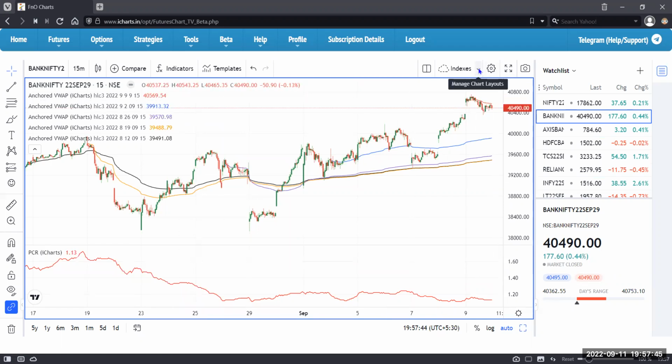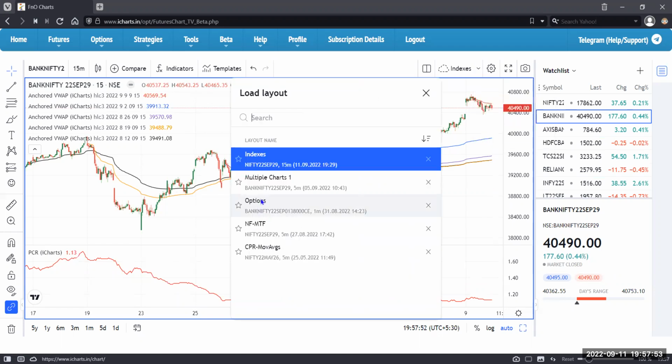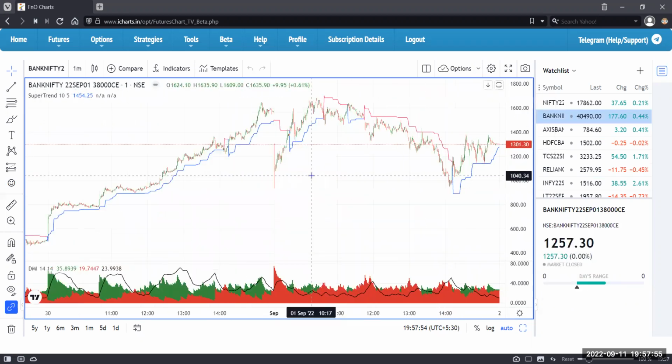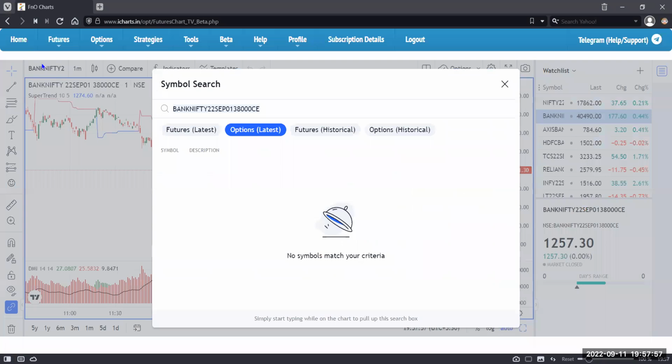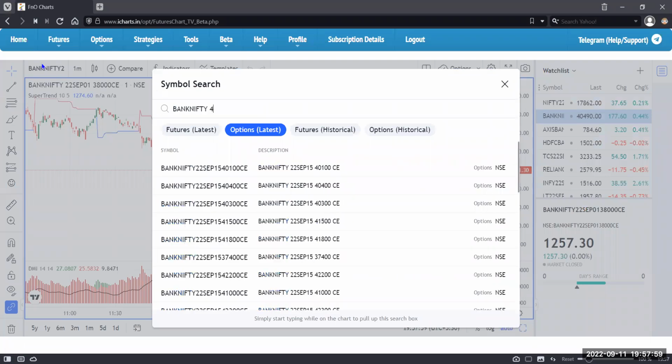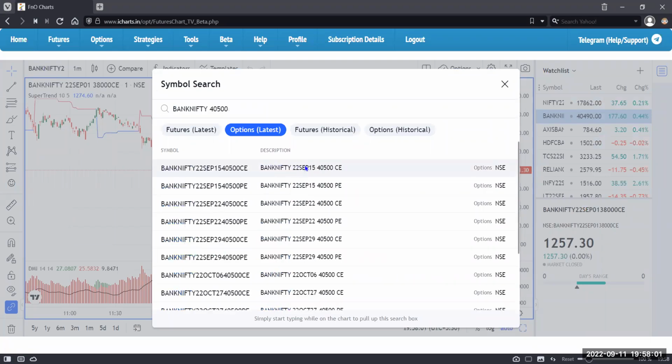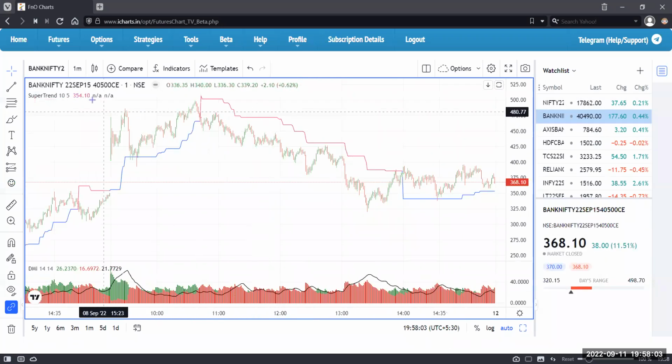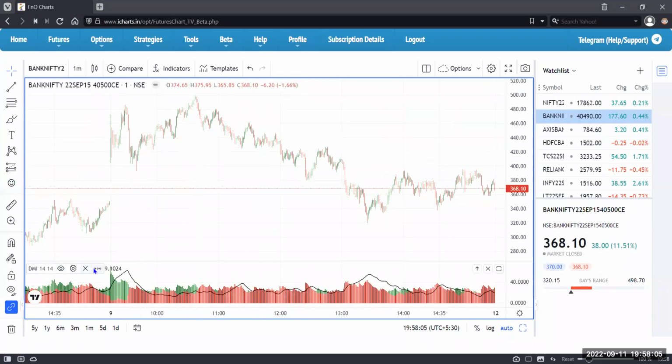So Srikanth, can't we plot the AVWAP in this particular options chart? No, you can plot. Let me go here, the 15th expiry.